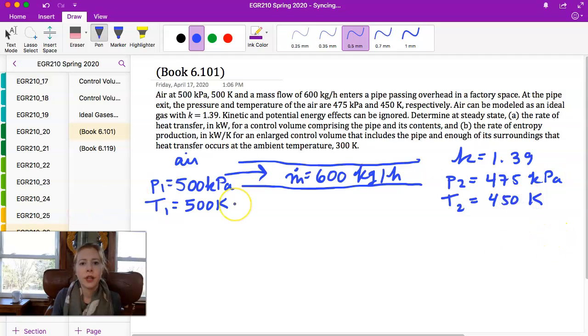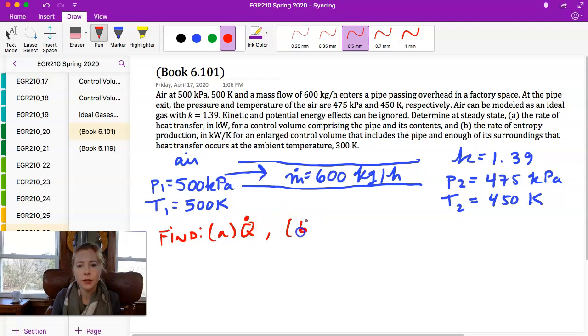All right. And so first, we want to find the rate of heat transfer in kilowatts. So we're going to find Q dot, and B, the rate of entropy production.